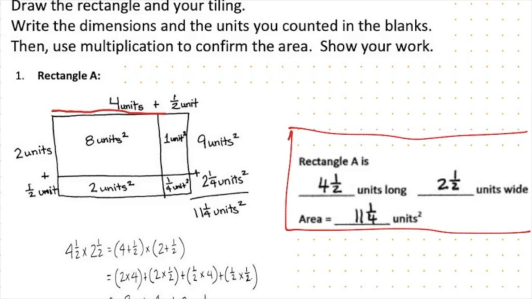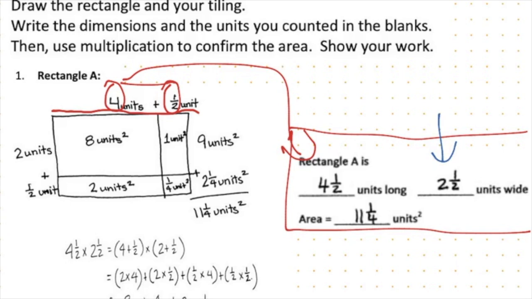This top line is 4.5 units long. They broke it down with the whole number and the fraction, 4.5. Those two are what make the length. Now, it says 2.5 units wide. That's over here with the blue line, 2.5 units wide.